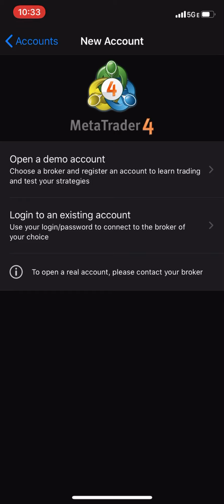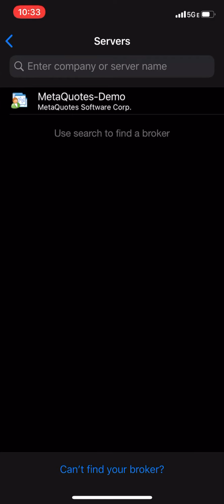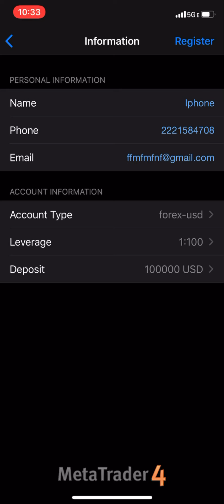Once you have it downloaded, you're going to move into the next part, which is creating a demo account. You can see in front of me, I have the option to open a demo account. We're going to just use the MetaQuotes demo that shows up when we are selecting our new account.